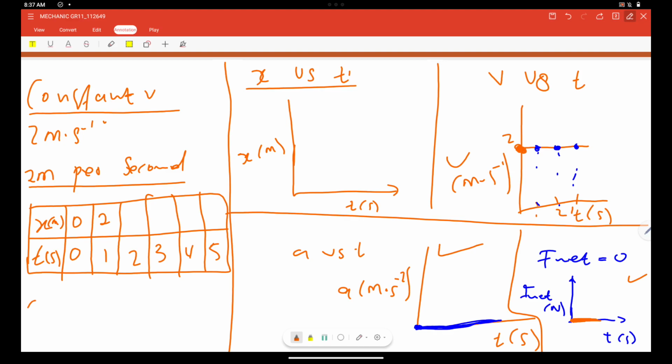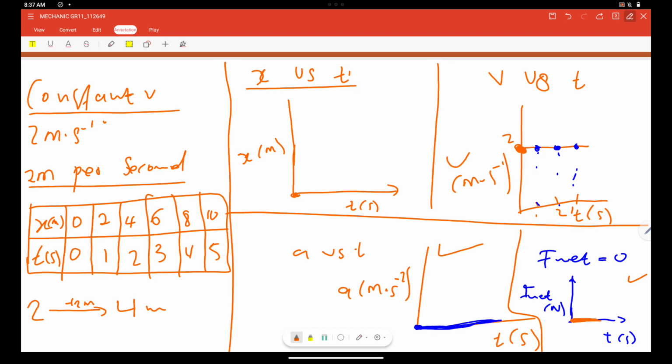It was at 2, now it changes by 2 meters. It is now at a position of 4 meters. So this will be 4 meters. If you add another 2 meters, that will be 6, that will be 8, that will be 10.